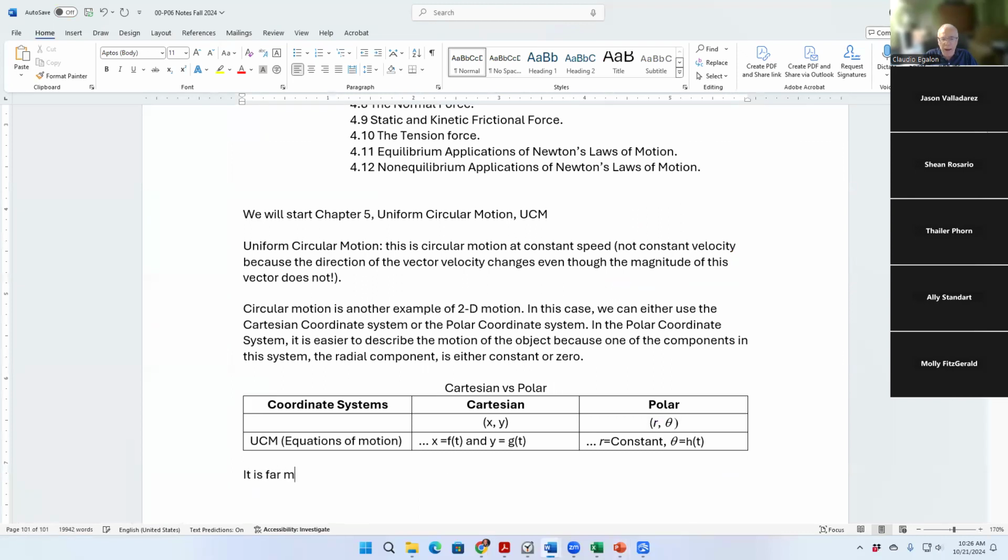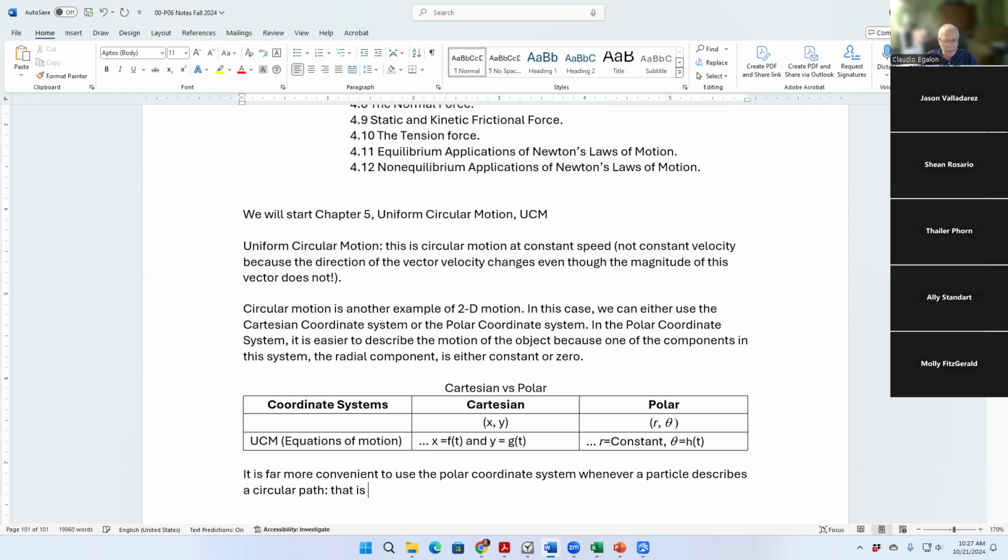It is far more convenient to use the polar coordinate system whenever a particle describes a circular path.